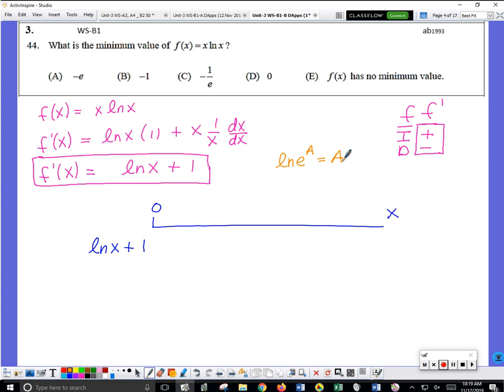You're not supposed to. But there's a few I can find very quickly. I want to figure out what makes this 0 first. That's the key. So I need to figure out what makes this negative 1. Questions on that? I've got to figure out what x will cause this to be negative 1.